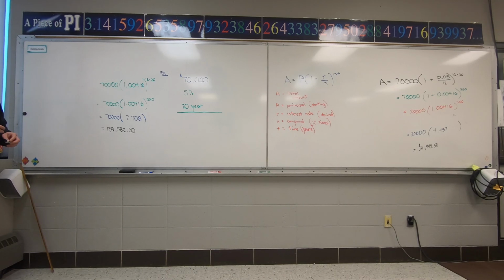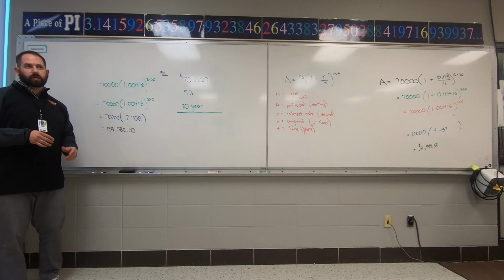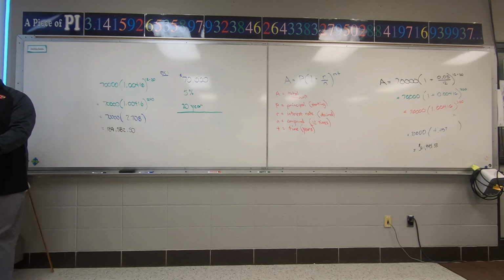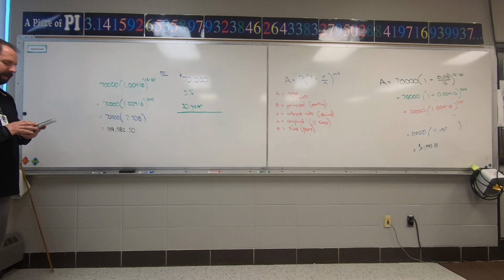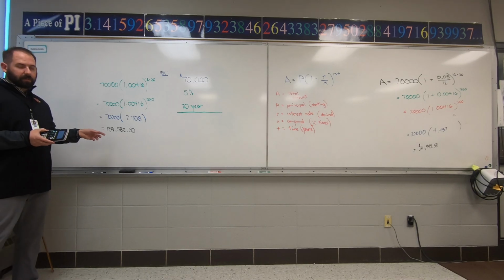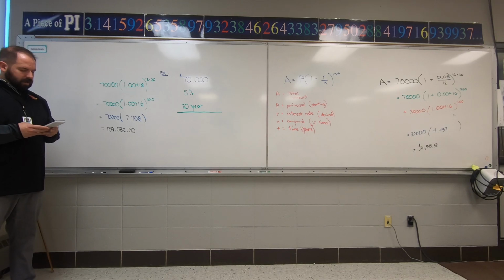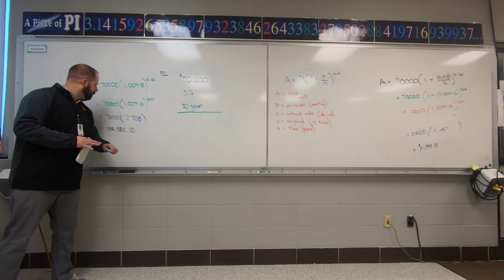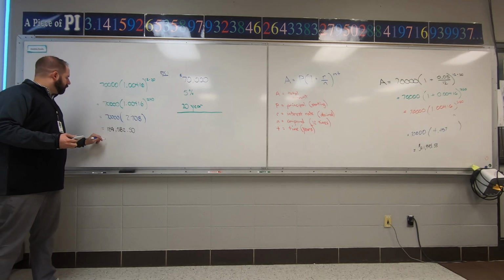I went with a 20-year loan, and I'm not spending as much. I divide that number by 20 because I'm going with a 20-year loan, right? And then divide by 12. This is what I'm paying per month.